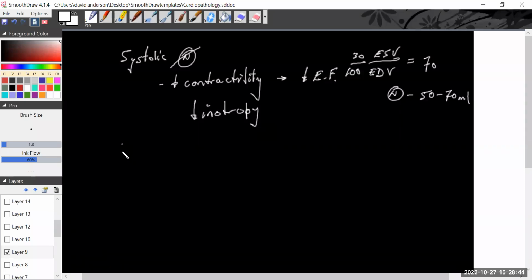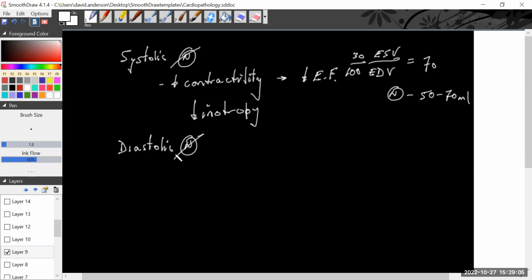If it's a diastolic problem, and this could be because the coronary artery lumens are so small or the afterload is so large, we're going to have what's called ventricle non-compliance.